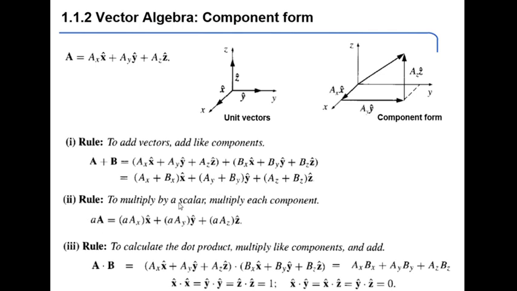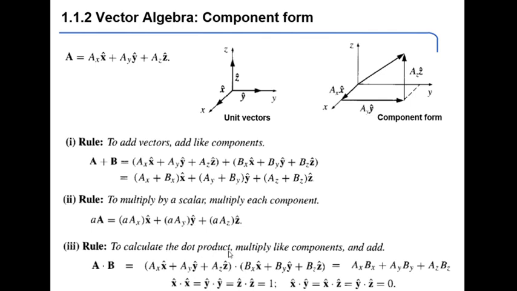Secondly, the rule to multiply vector A. Remember that in the Griffiths book the vectors are not shown by an arrow, but by bold face. That is also considered to be a vector. So when any scalar multiplying factor is there, it would multiply to the components, not to the unit vector. So AX x cap, AY y cap, and AZ z cap. That way you have to visualize it.